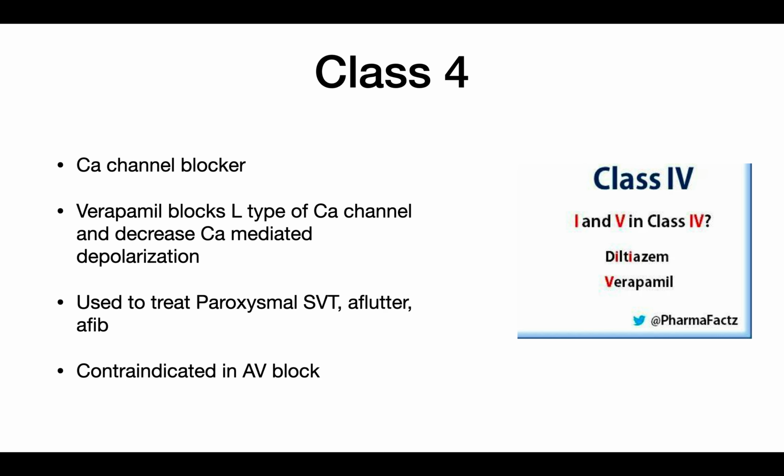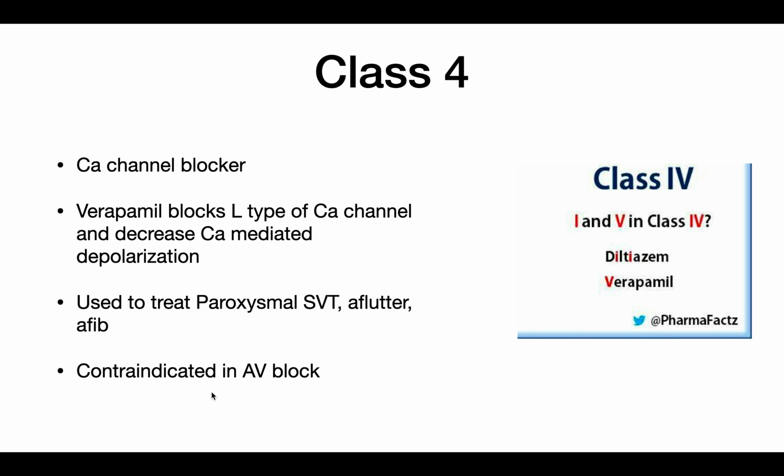Okay, class 4, I and V. Diltiazem and verapamil. We use this in the hospital a lot. These are your calcium channel blockers. Verapamil will block the L-type calcium channel and decrease the calcium-mediated depolarization. So it's used to treat paroxysmal supraventricular tachycardia along with flutter and AFib.